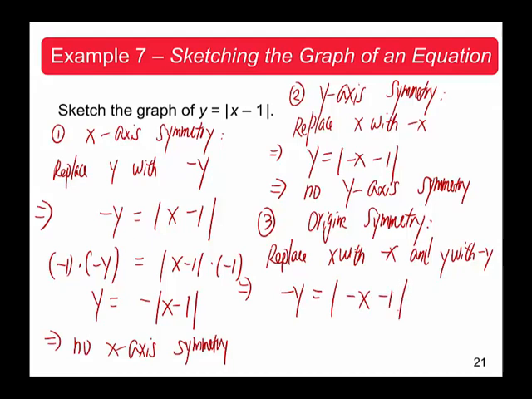And again, get y by itself, and we end up with y equals negative absolute value of negative x minus 1. Again, it's not the same as the original equation, so there's no origin symmetry. That's how we check all three basic symmetries using algebra.